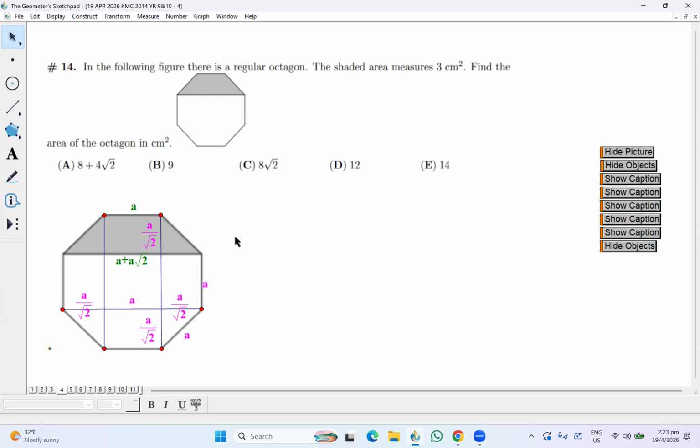This one shows the calculation. A plus A over root 2 plus A over root 2. This one we rationalize. A root 2 over 2, A root 2 over 2. So become A root 2.